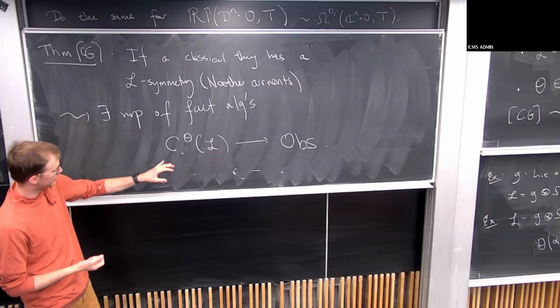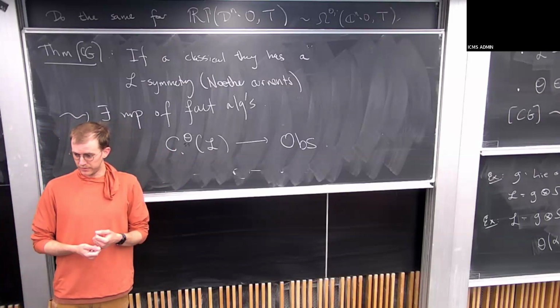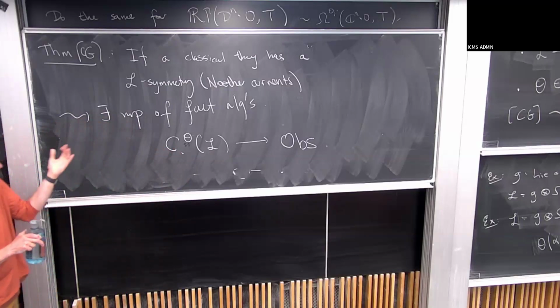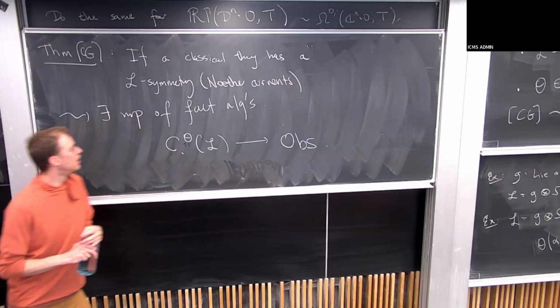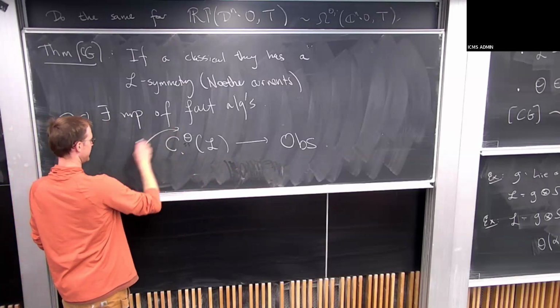In the examples I'll talk about, it's like a one loop effect. It doesn't have to be just one loop. It could even be non-perturbative in a sense. So I interpret this thing as the anomaly.